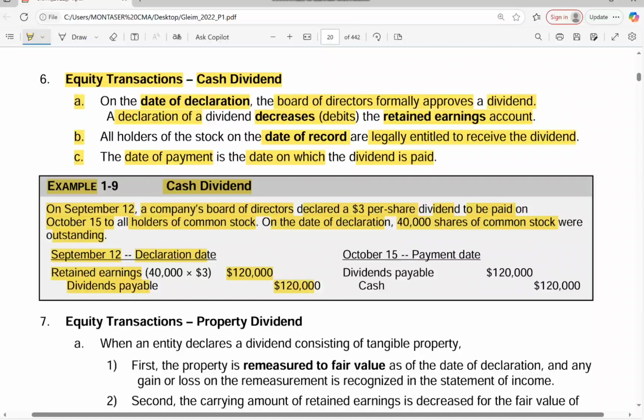The second journal entry will be made at the payment date. We will decrease the dividends payable account for $120,000 and we will decrease the cash account for $120,000. So this is the accounting treatment and journal entry for the cash dividend.